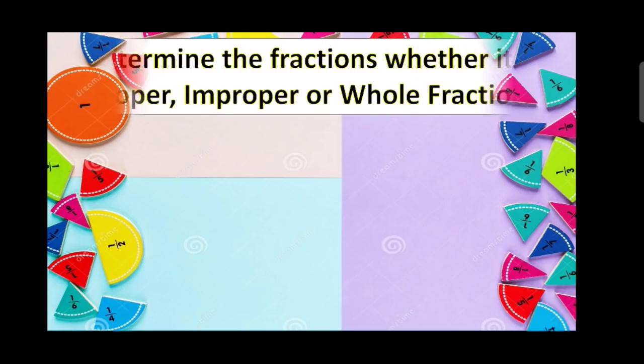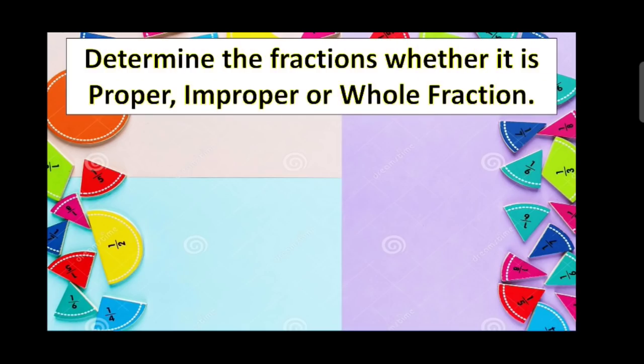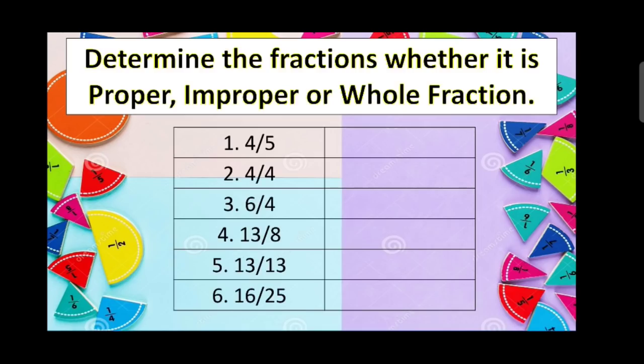So, now, ayan, determine the fractions whether it is proper, improper, or whole fraction. O sasabihin nyo daw kung yung fraction na papakita ko ay proper fraction ba, improper fraction, or whole fraction. Okay, for example, number 1, 4 over 5. Mapapansin natin na mas mababa si numerator kaysa kay denominator.